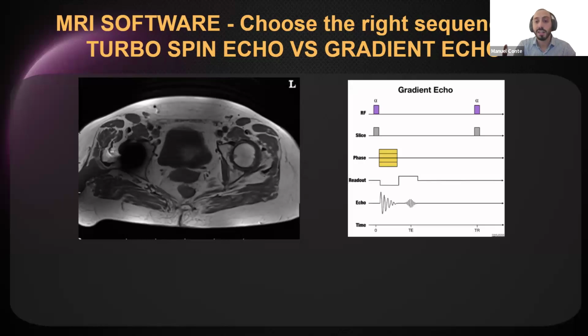Here we have the gradient echo. In this case, we don't send a 90-degree RF pulse; in gradient echo sequences, we send an RF pulse of less than 90 degrees. When we send a 90-degree RF pulse, all the protons go from out of phase to in phase.